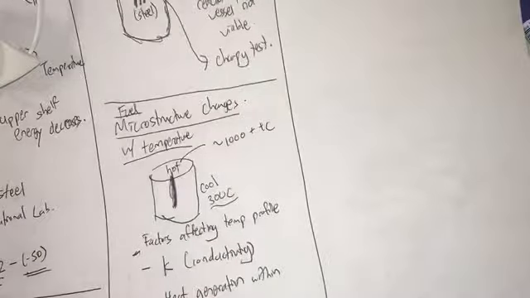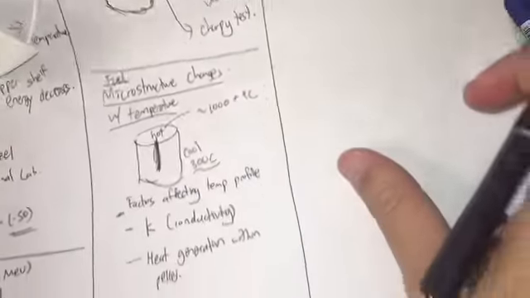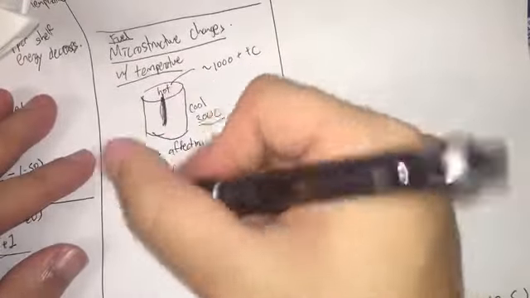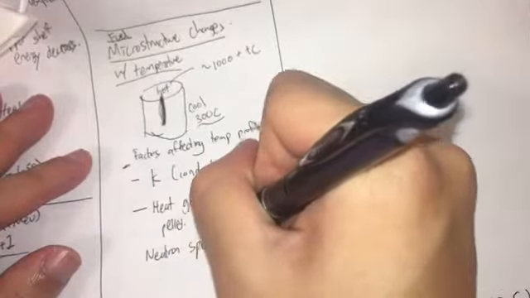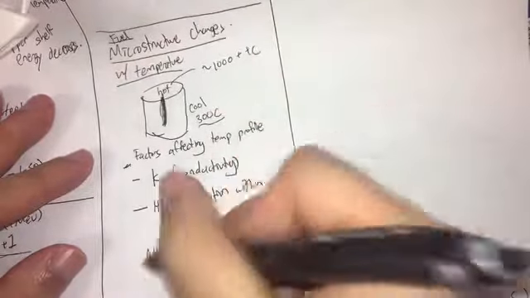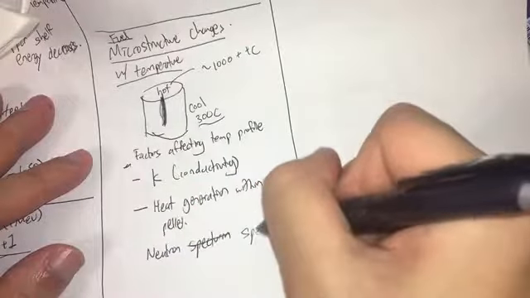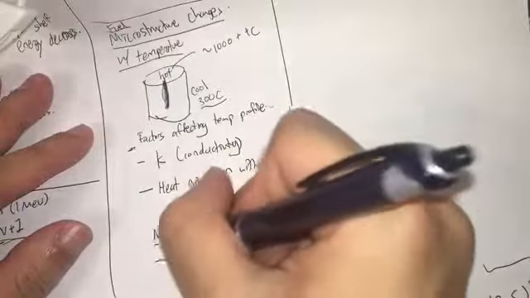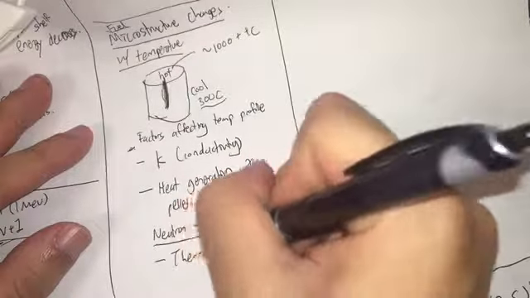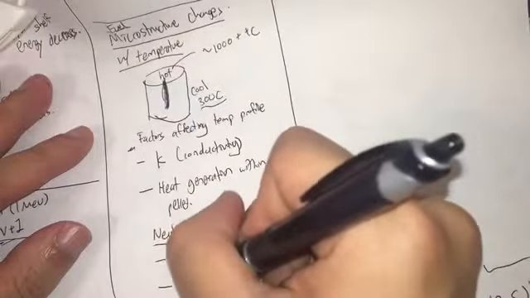Alright, so there are two kinds of reactors we can broadly classify by the neutron spectrum. By the neutron spectrum, we have a thermal spectrum and we have a fast spectrum.